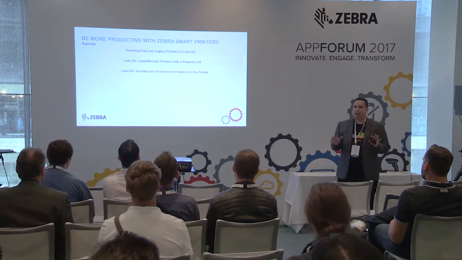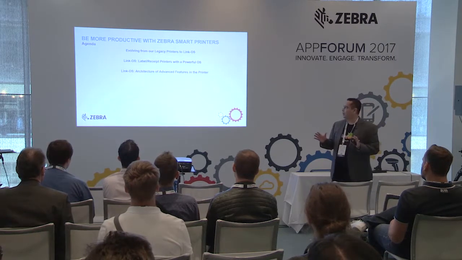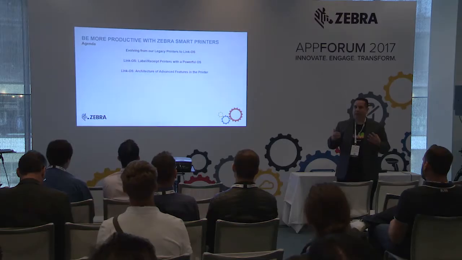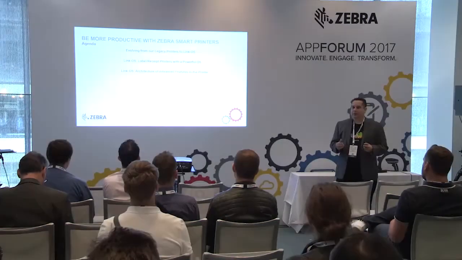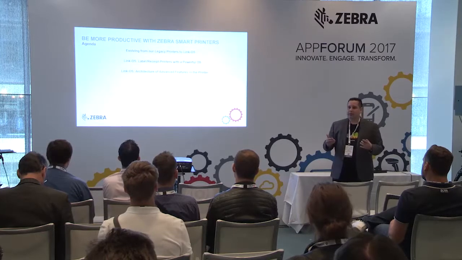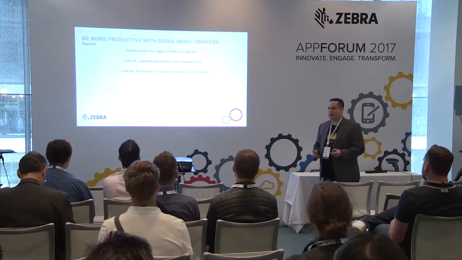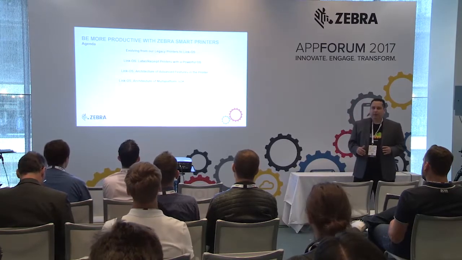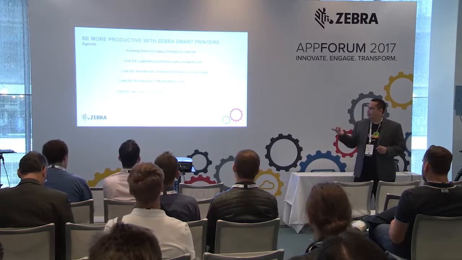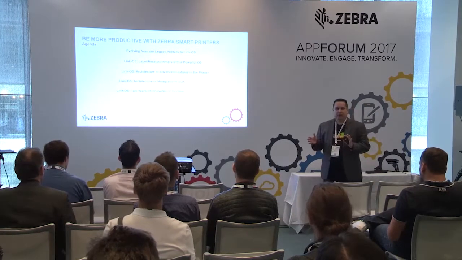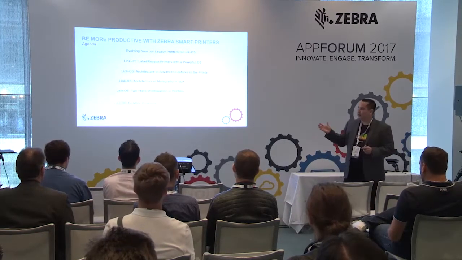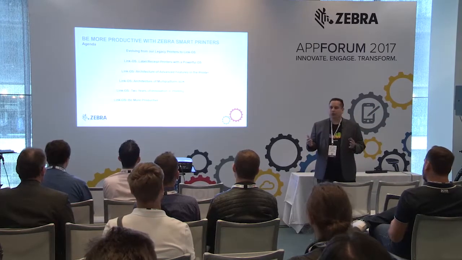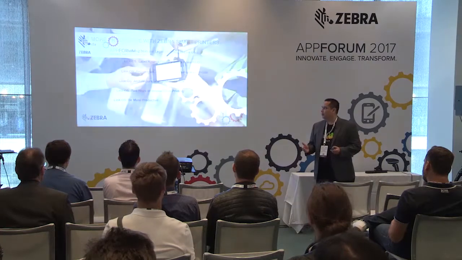After that, I want to talk about the architecture of the advanced features that LinkOS provides to developers and users, why it's important to use them, and how we can take the opportunity to implement those features on your applications. After that, we want to talk about the architecture of the multi-platform SDK, and cover the last 2 years of innovation that we have done in printing. Finally, we want to talk about some use cases, to show how to use LinkOS to be more productive.